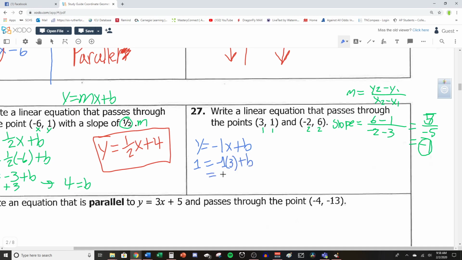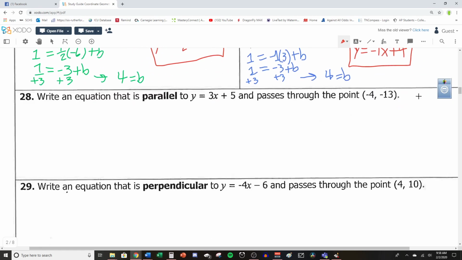This is going to give us negative 3 plus b, and then we're just going to add this 3 to both sides. That gives us 4 equals b. We had that last time, except our slope is different this time, but we have all the pieces we need. We're going to say this is our equation, y equals m, which is negative 1, x plus 4, which is our b value. So here's our answer to this question.